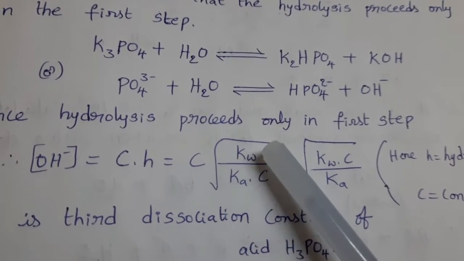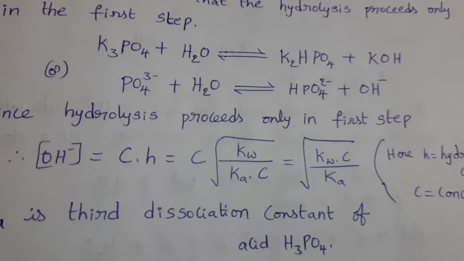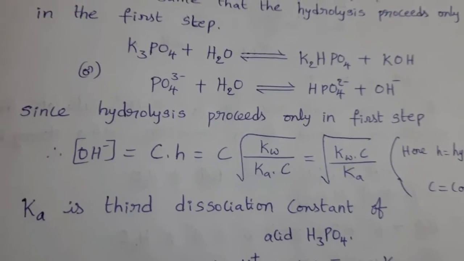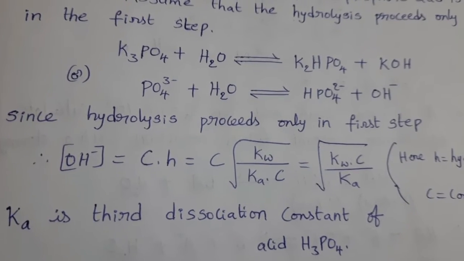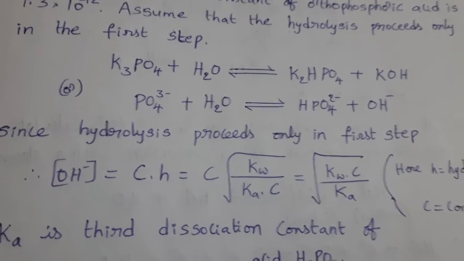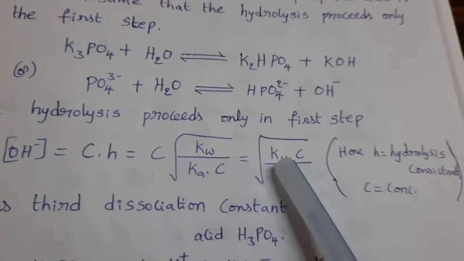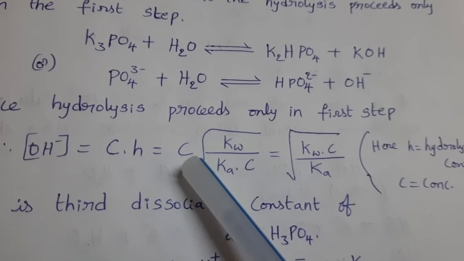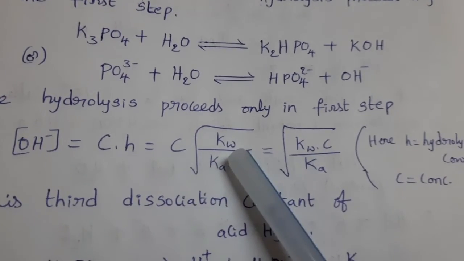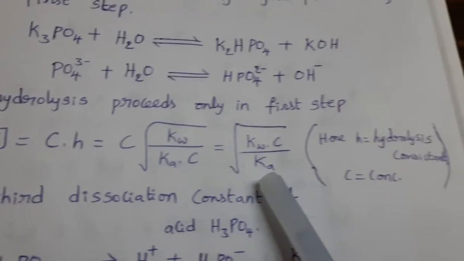Square root of Kw by Ka into C. Kw means ionic product of water. Ka means dissociation constant for a weak acid. Here H3PO4 is a weak acid. So if we write this C under the root, then we can get this one, Kw into C divided by Ka.